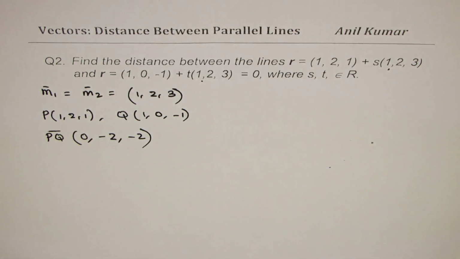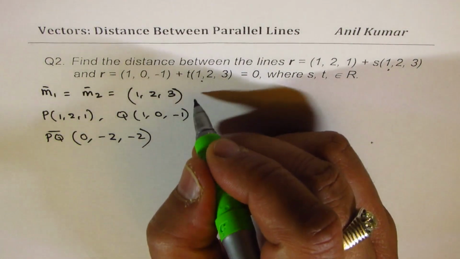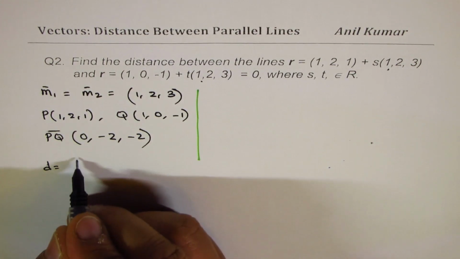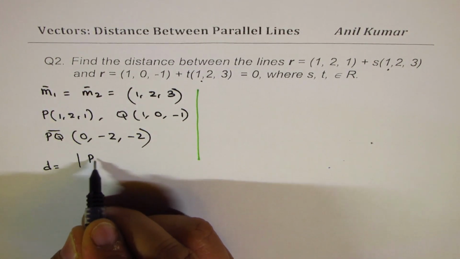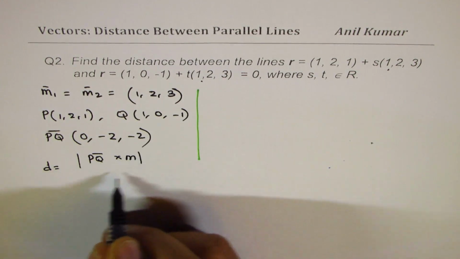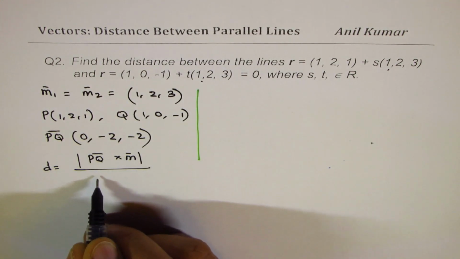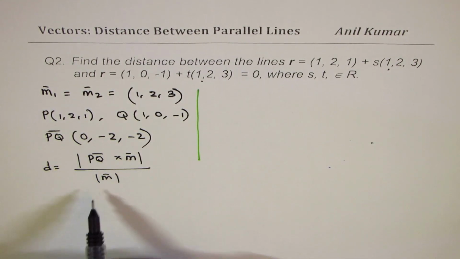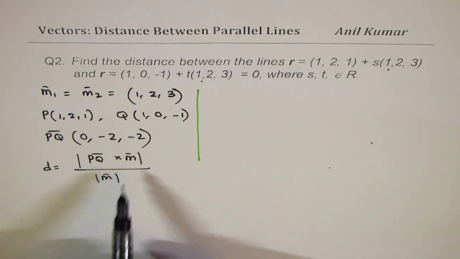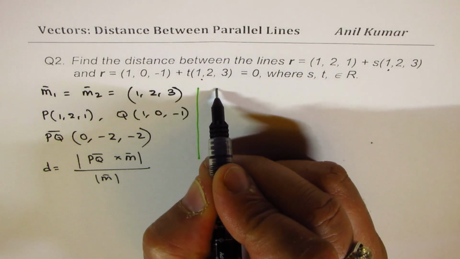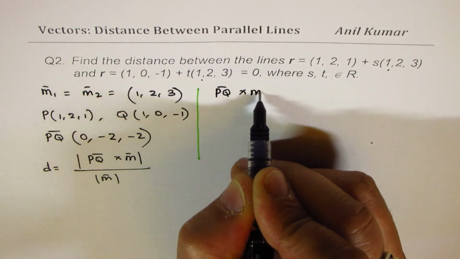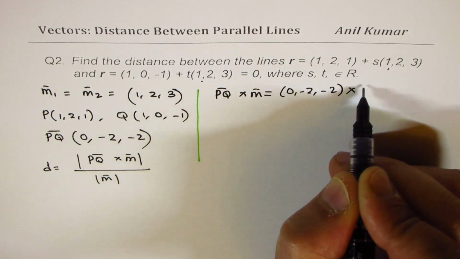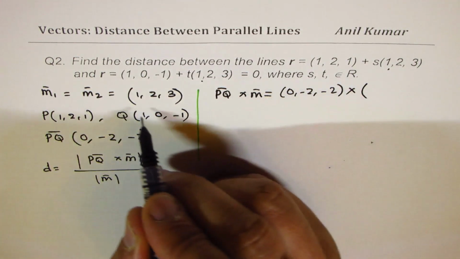So let's find the cross product between PQ and M. The distance will be the magnitude of the cross product of PQ with M over the magnitude of M. So that gives you the normal, right? So PQ cross M is (0, minus 2, minus 2) cross (1, 2, 3).